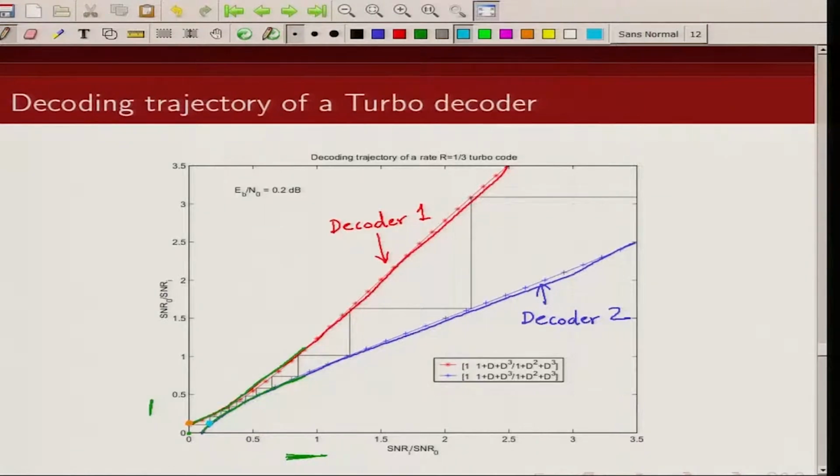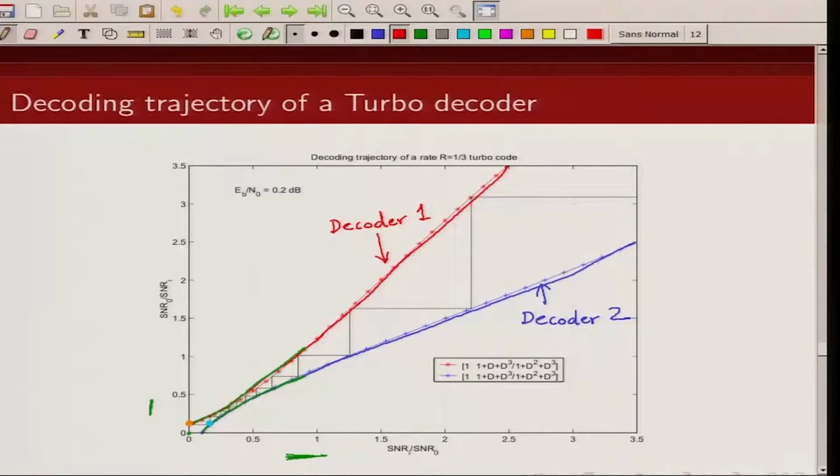Note this extrinsic information is fed as a priori information to decoder 1. So, we look at decoder 1 transfer characteristics and this is the point. You can see I am going like this. This is how my decoding trajectory of my turbo decoder is happening.